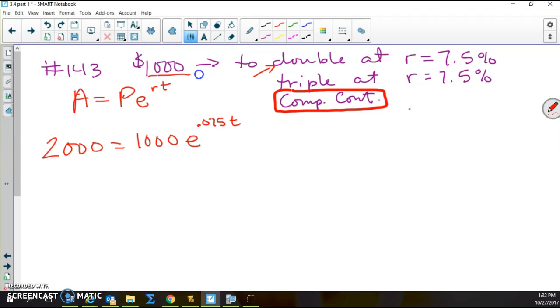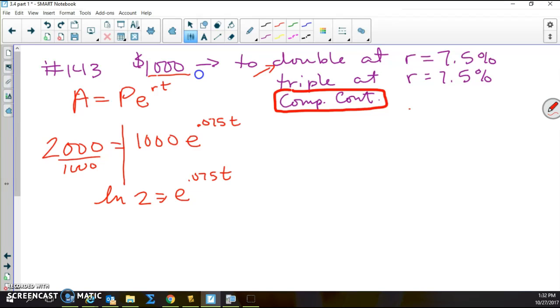That's what we want to do. So we've been working with these algebraically. We know we're going to divide both sides by 1,000, and we get 2, which makes sense. We're doubling. And how are we solving this type of problem? How did we get rid of the constant e to be left with the algebraic exponent?